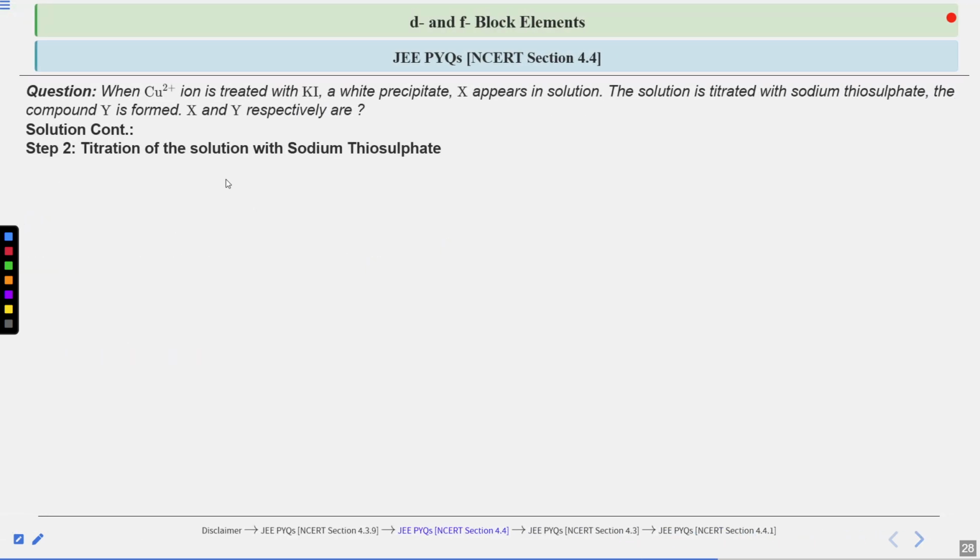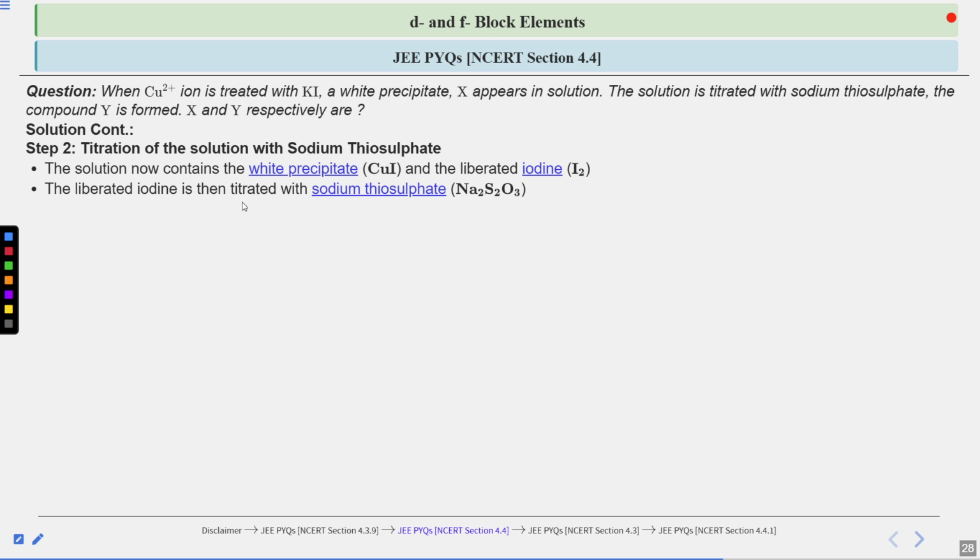Now, step 2 includes the titration of the solution with sodium thiosulfate, as given in the question. The solution now contains a white precipitate, that is copper iodide, and liberated iodine. Now, the liberated iodine is titrated with sodium thiosulfate, that is Na2S2O3.